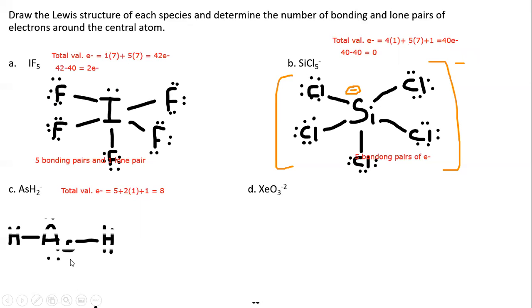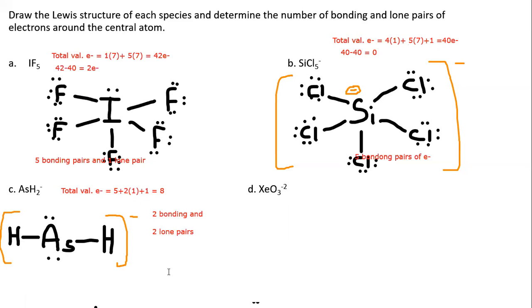So when we draw the Lewis structure, we have to make sure that hydrogen only has 2, and then the remaining electrons go on arsenic. So this is what the Lewis structure of AsH2 minus looks like. And so it has 2 bonding pairs and 2 lone pairs of electrons.